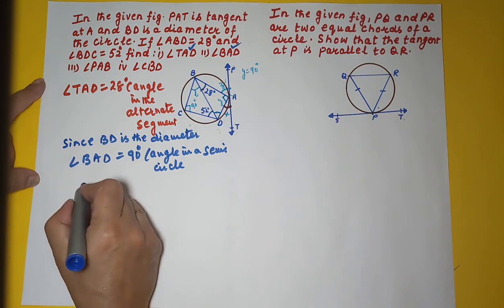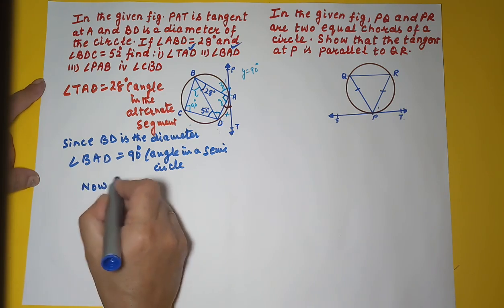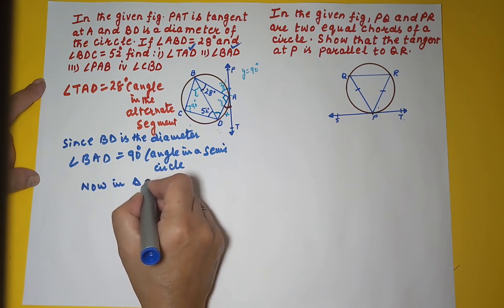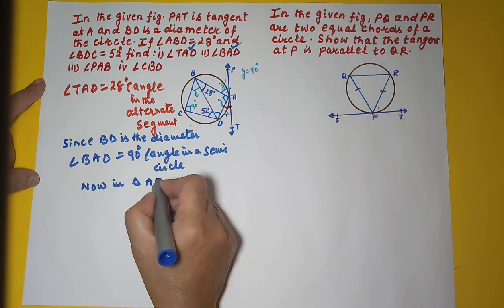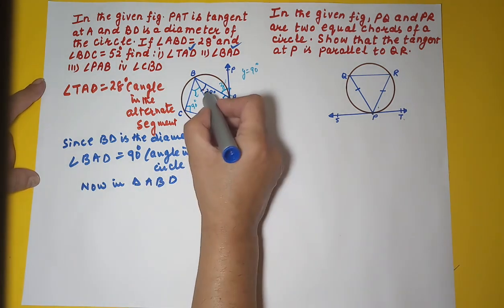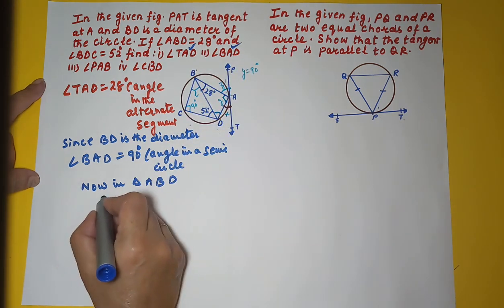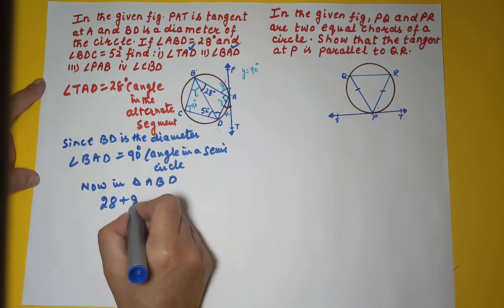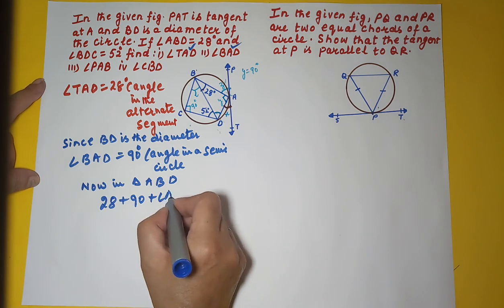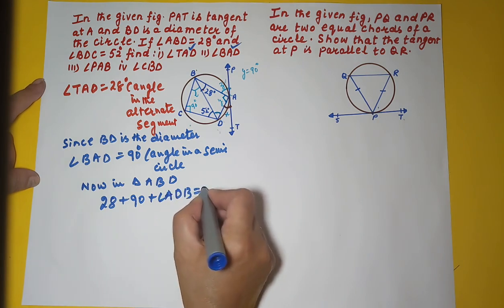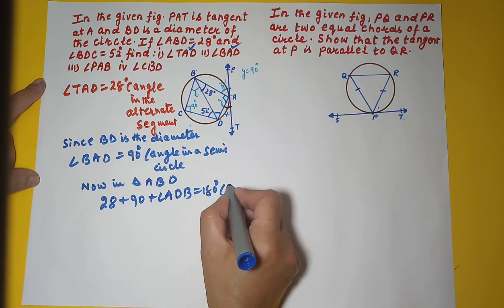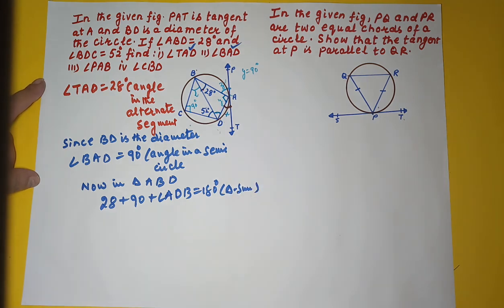So now in triangle ABD, 28 plus 90 plus angle ADB is equal to 180. Triangle sum property.